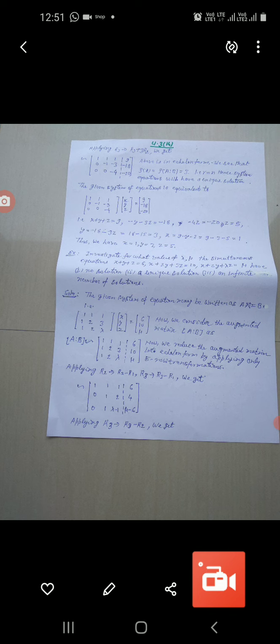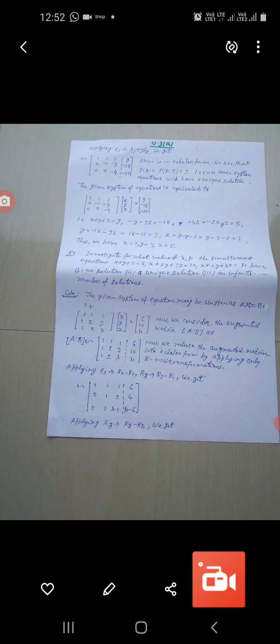Similarly you see that the number of non-zero rows in the augmented matrix AB is also 3, hence the rank of the augmented matrix is 3. Thus the rank of A is equal to the rank of AB. So in this case the given system of equations will be consistent.